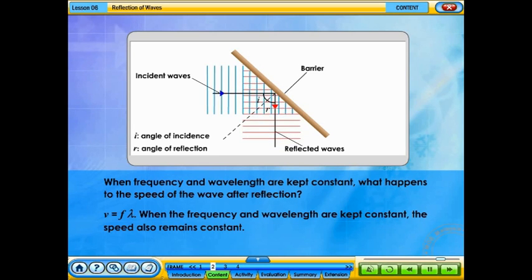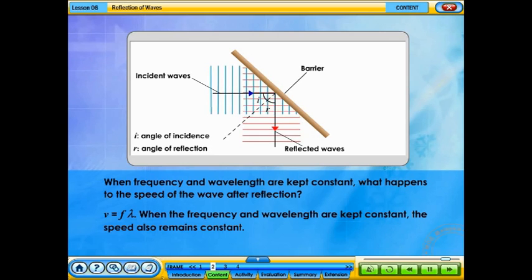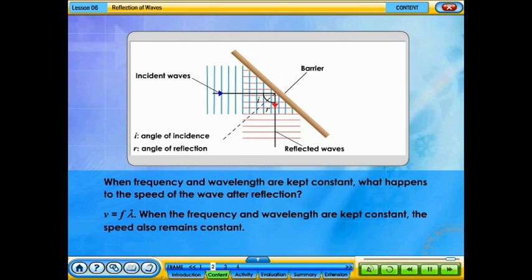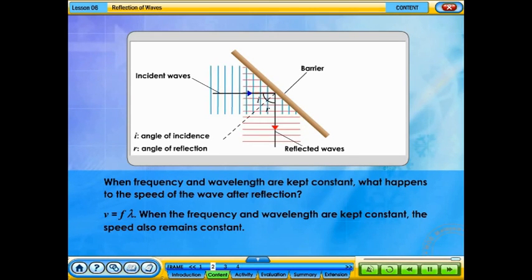The speed of the wave is related to frequency and wavelength, where speed is the product of frequency and wavelength. When the frequency and wavelength are kept constant, the speed also remains constant.